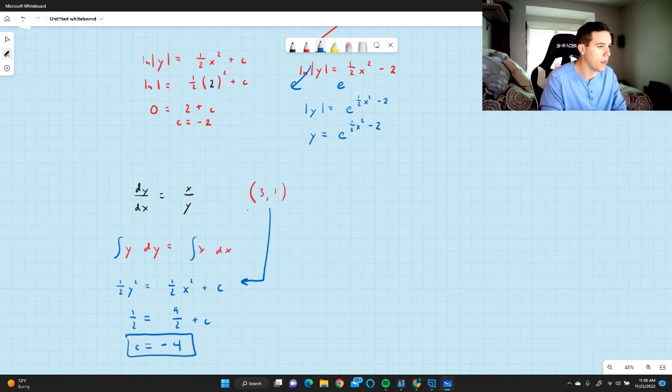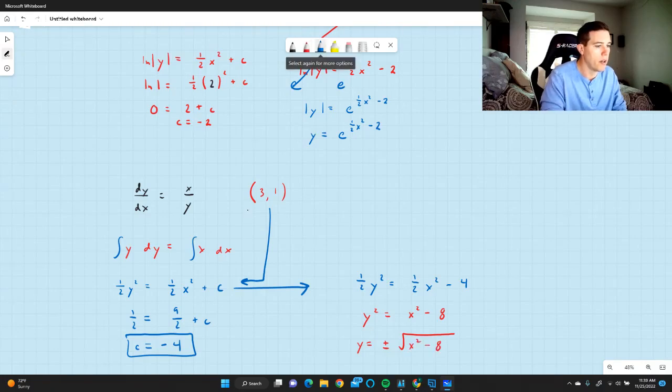Plug c back in at this part, so 1/2 y squared equals 1/2 x squared minus 4. Get y by itself. To do that, we multiply everything by 2, which is y squared equals x squared minus 8. Square root both sides, and we get y equals, and here's what I was just talking about, plus or minus, because we introduced square root into the problem.